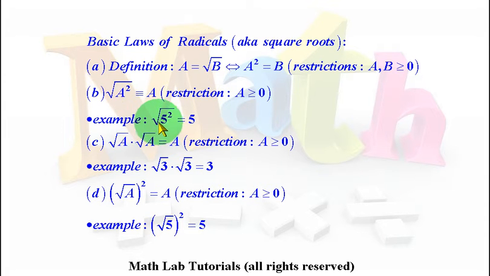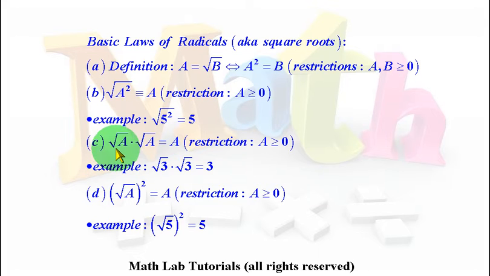For example, the square root of 5 squared, the square root essentially cancels out the 2, and we get a 5. So this effectively is a cancellation law. The square root cancels out the 2, and you get the inside. Again, the square root of 5 squared is equal to 5 is a typical example of that.